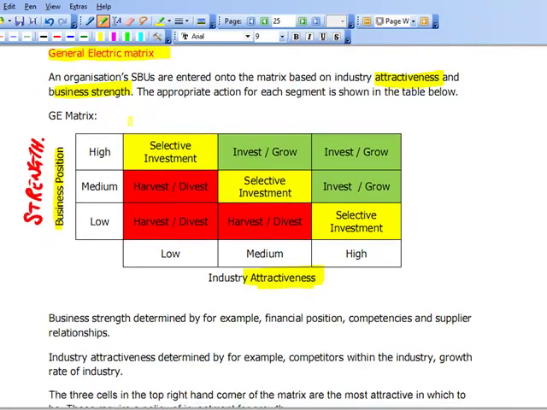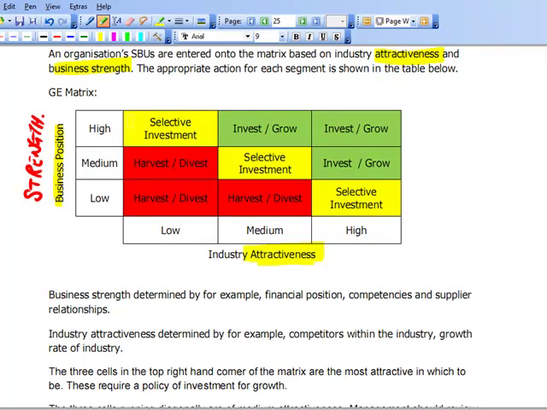First of all, before we look at the table, just looking at the text below the table, it helps us think about what we mean by business strength and what we mean by attractiveness. First of all, the strength of the SBU, the strength of the business, will be determined by a variety of factors. How good it is, in effect. What's its financial position?